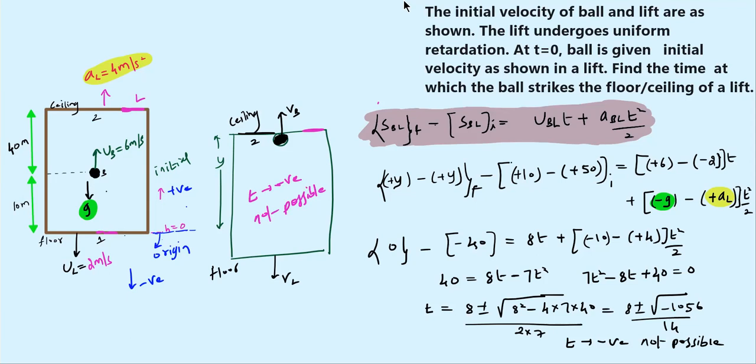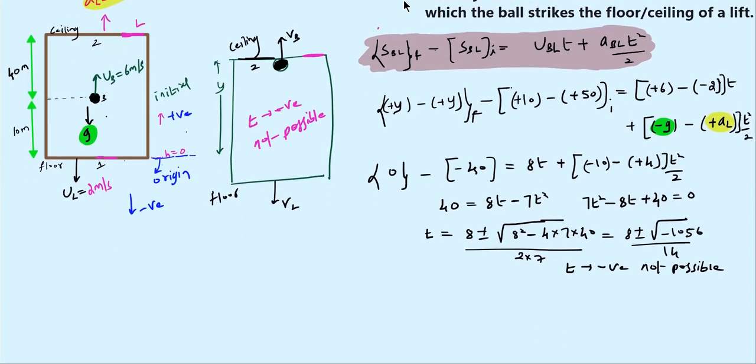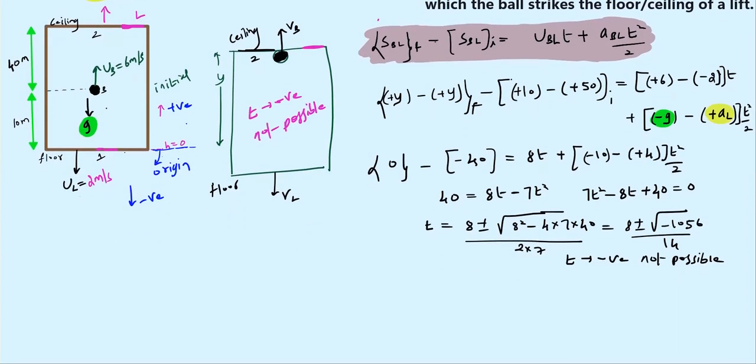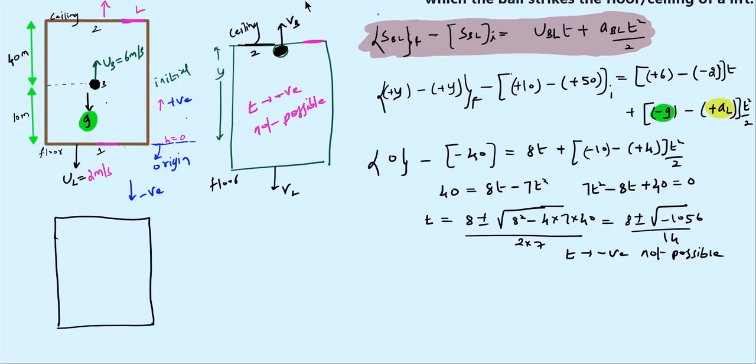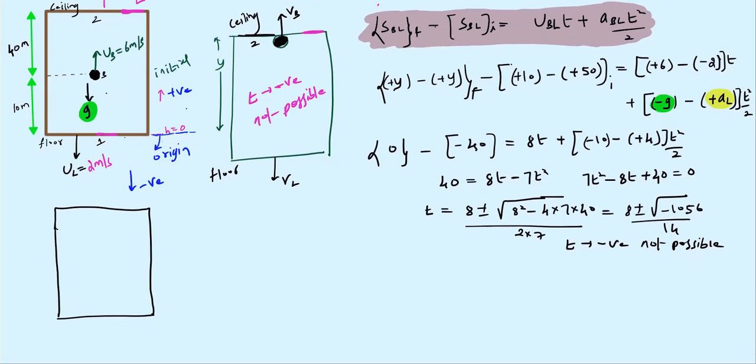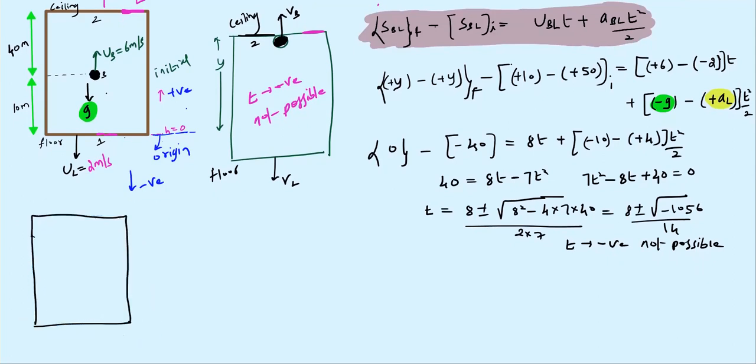Then it will strike the floor of the lift. Then what do we have to do? Assume the condition again. I'm showing that we can also do wrong. I'm just showing you that it's all possible. Definitely, we may sometimes assume a wrong situation, so you need not get scared.